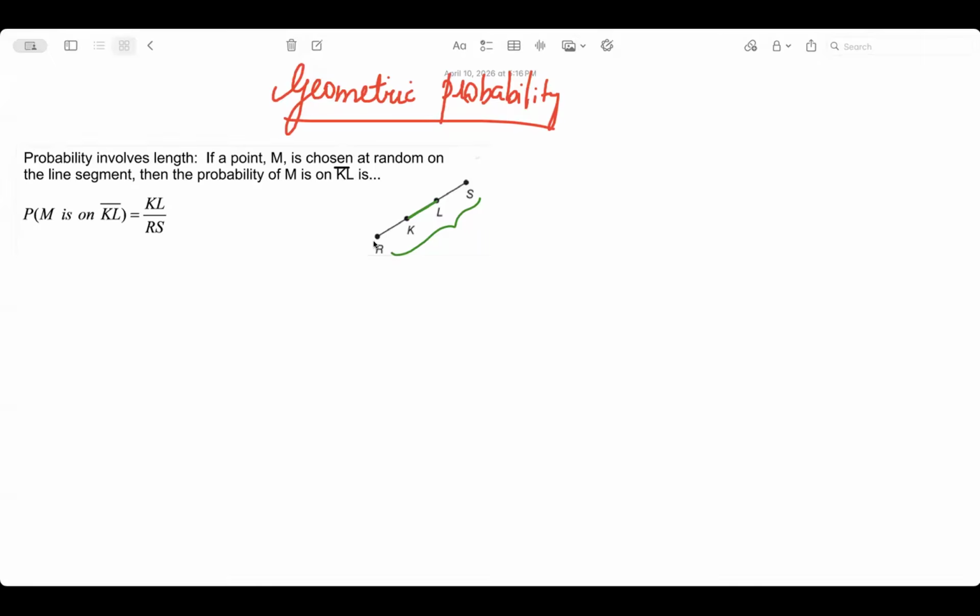Consider a full line segment RS. In this line segment, I try to choose a point. Here there is point K and point L.